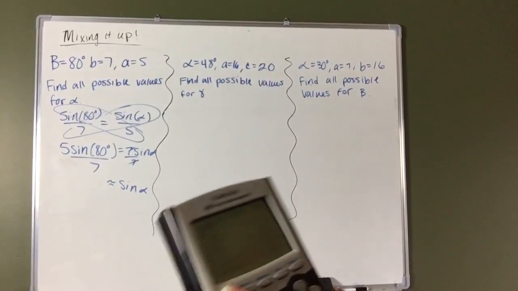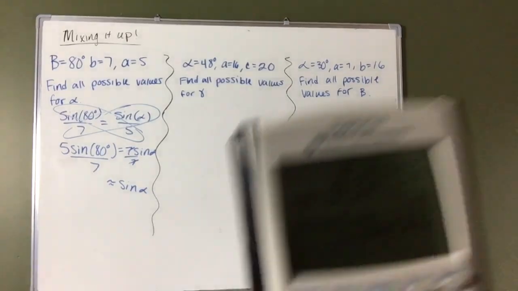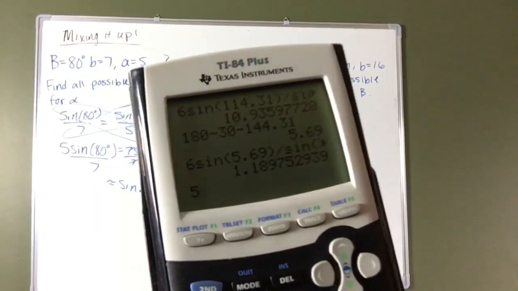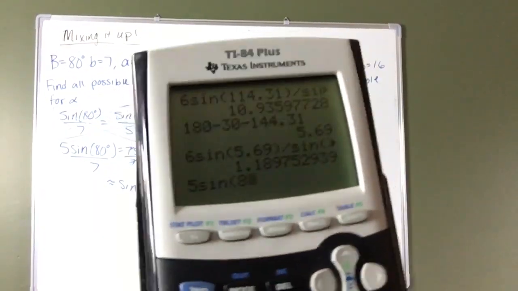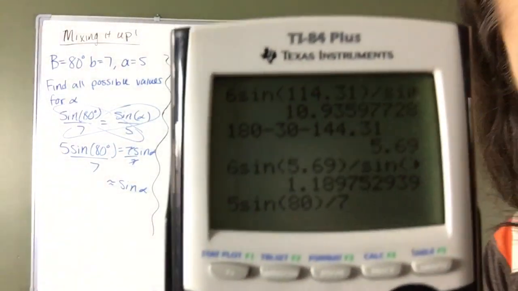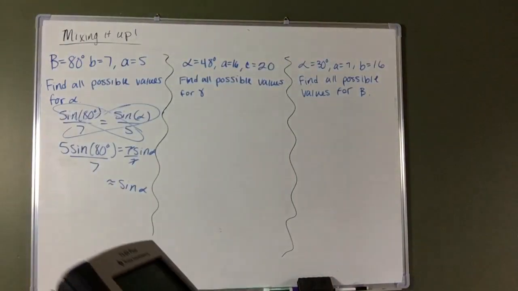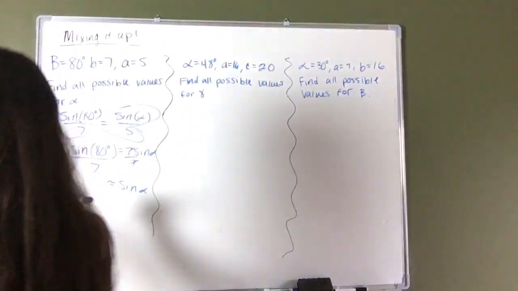Typing this in, 5 sine 80 divided by 7 is 0.7034.